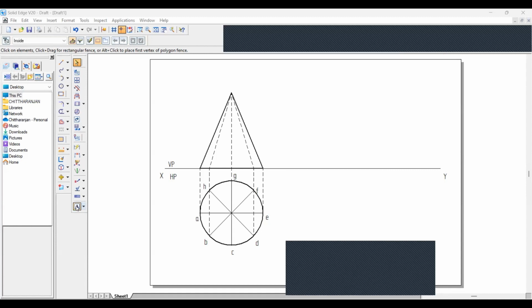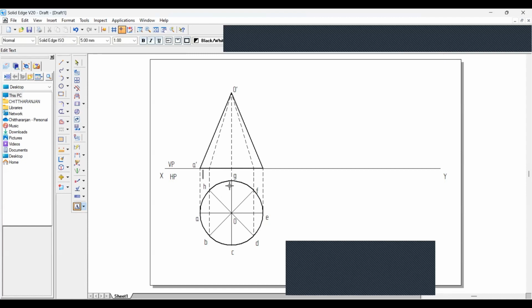Now give the names for this. The center should be O. Then here it should be O dash, and this is A dash.